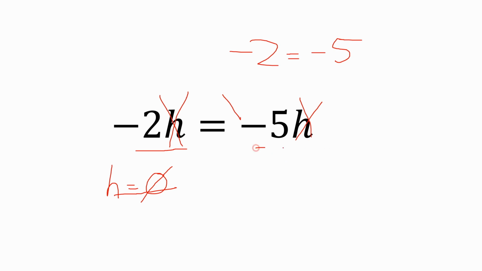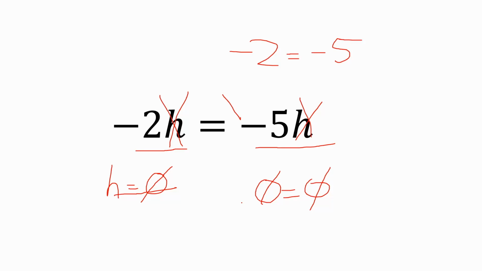And then over here, minus 5 times 0 is 0, which leaves us with just 0 equals 0. So the only thing that really resolves this problem is h being equal to 0. So possibly a little bit of a tricky problem, but hopefully you got both answers correct on this one.